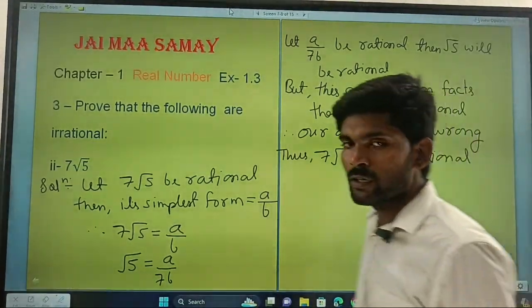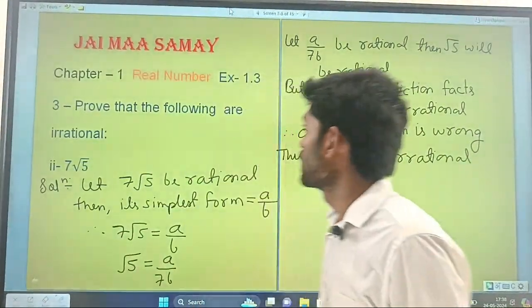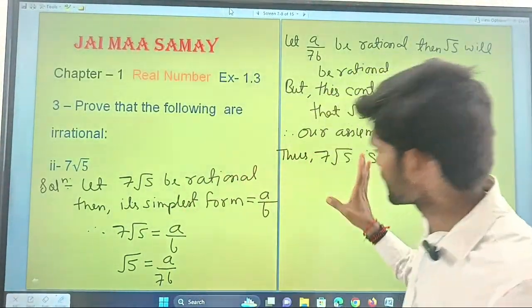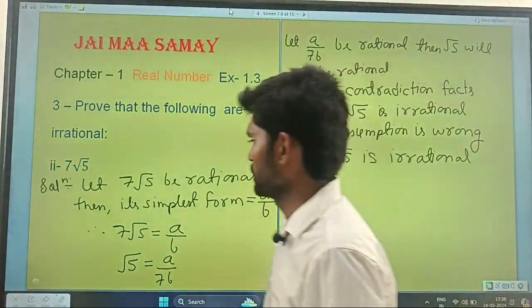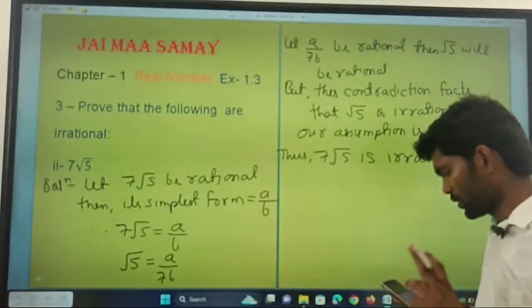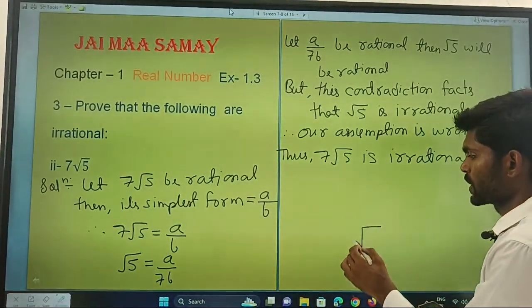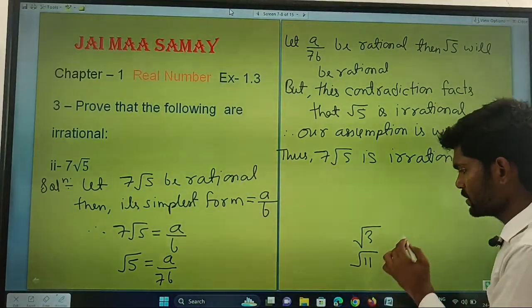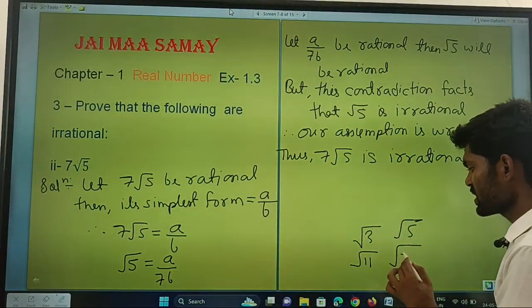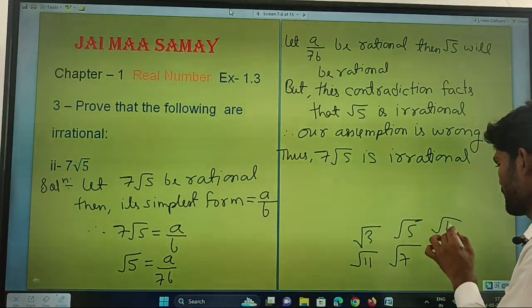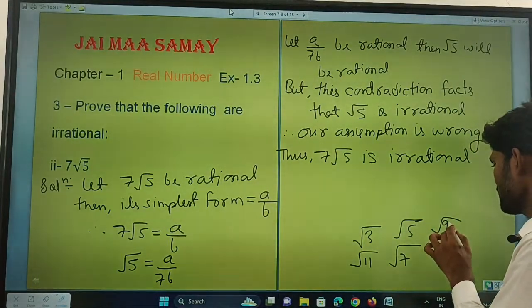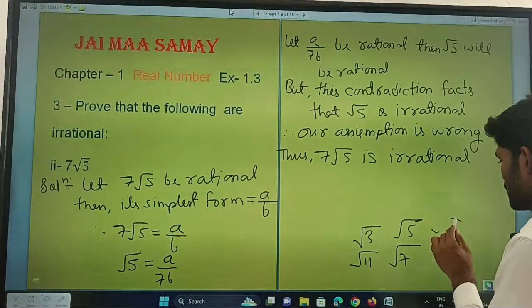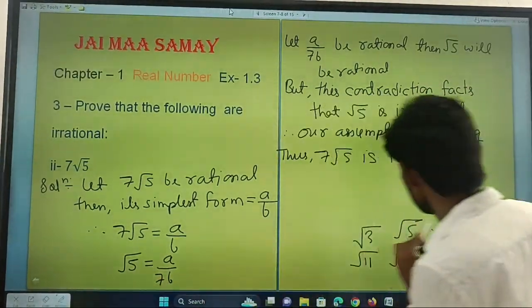How many types of statement? Only two types of statement. For the first question one statement, and for all remaining questions only this type of statement. Listen dear, in question 1, suppose that under the root there is a single prime number like 3, 11, 5, 7, not a perfect square. Suppose that 8, okay, but we have to take a prime number, like the next prime number 13.